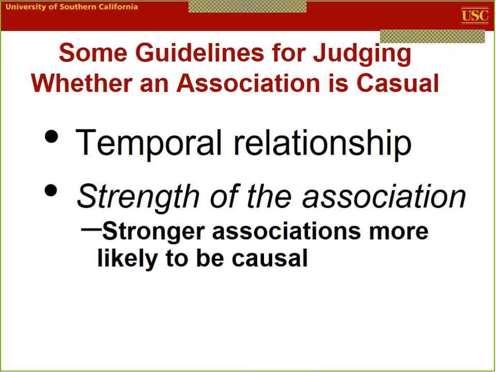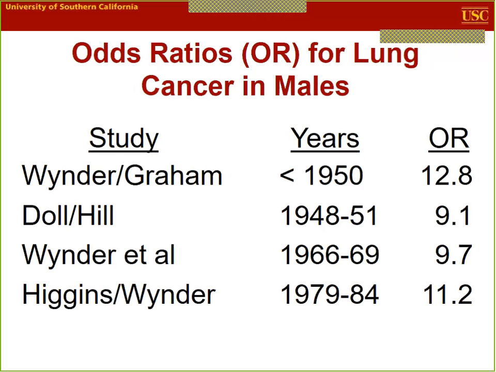It's just that alternative explanations, confounding and bias, become less likely as the strength of association goes up. A weak association, so-called, may be quite plausible, so the strength of association is simply a guide to the potential influence of bias.